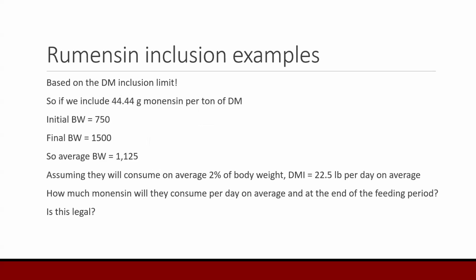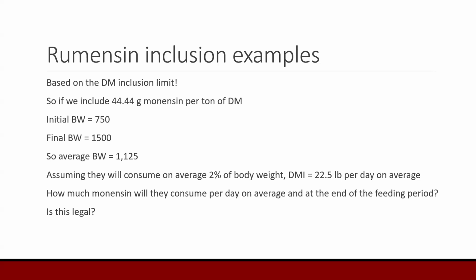Okay. So let's look at this scenario. If we went based on the dry matter inclusion limit, so let's just feed the maximum amount of Rumensin 90 to provide 44.44 grams of monensin per ton of dry matter. In this scenario, we have an initial body weight of 750 pounds and a final body weight of 1,500 pounds.